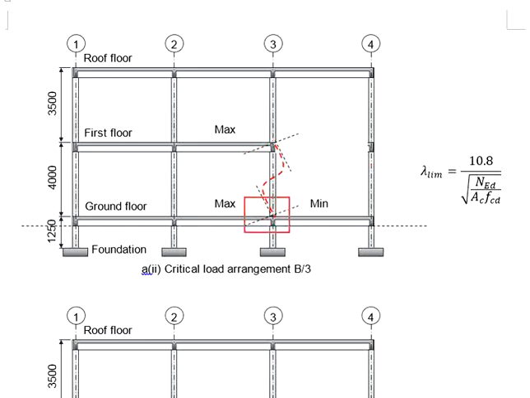And then let us look at the joint here. Maximum load here, minimum load, giving you a resultant moment, causing an incline of the joint axis, and then the column is 90 degrees to the joint.